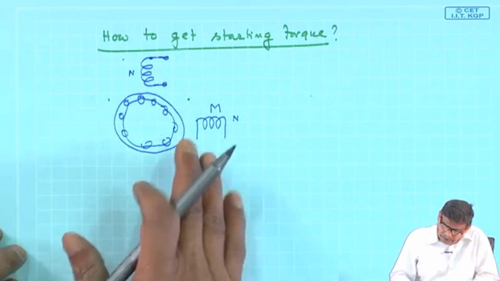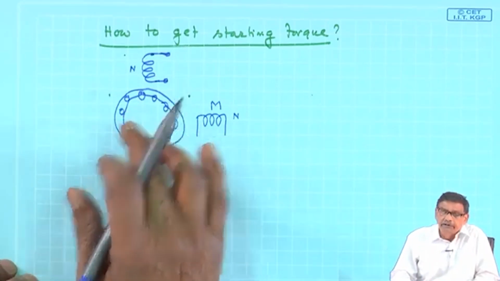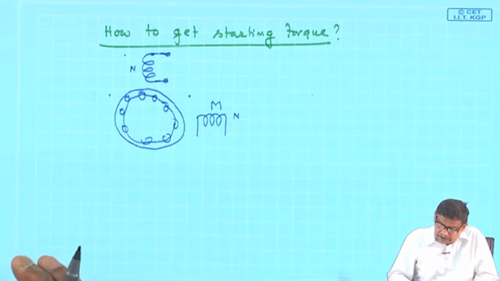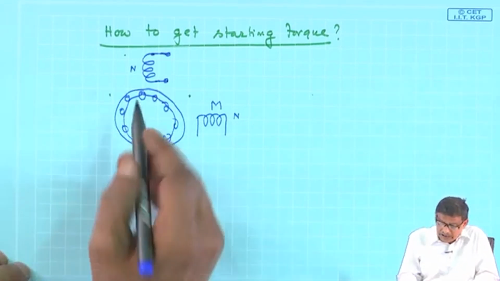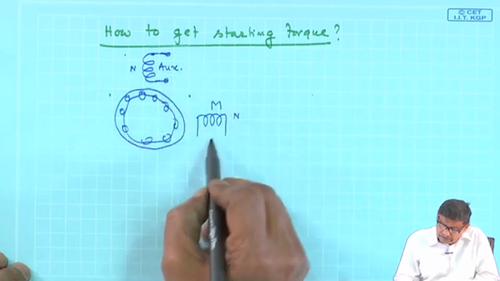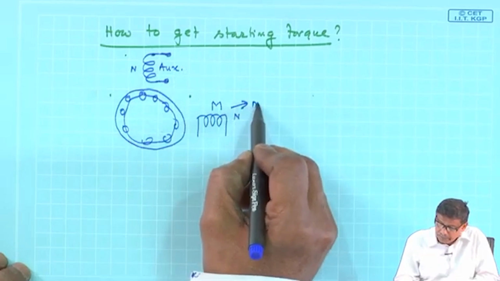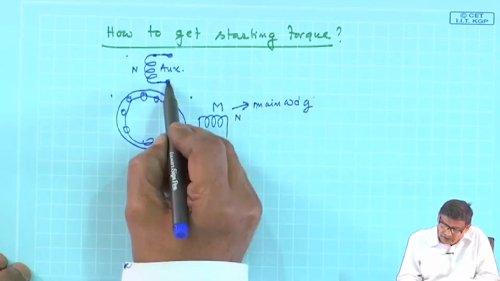By doing this, I will incorporate the starting torque, and after the machine starts, I will disconnect this auxiliary winding. This is called the auxiliary winding, and this is the main winding.